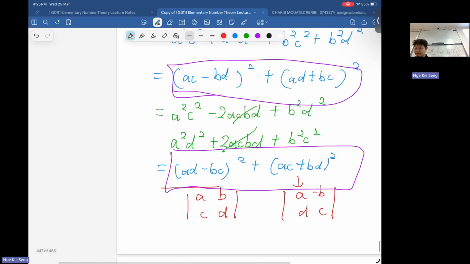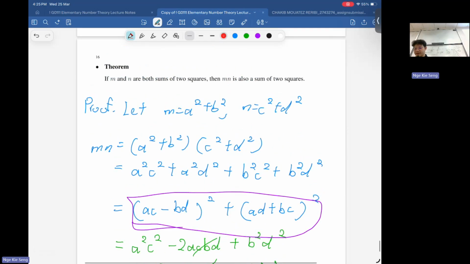The previous theorem can help you split up. You split your numbers maybe into primes or other factorizations. Then you see whether those can be written as a sum of two squares or not. If they can, then the product can also be written as a sum of two squares.